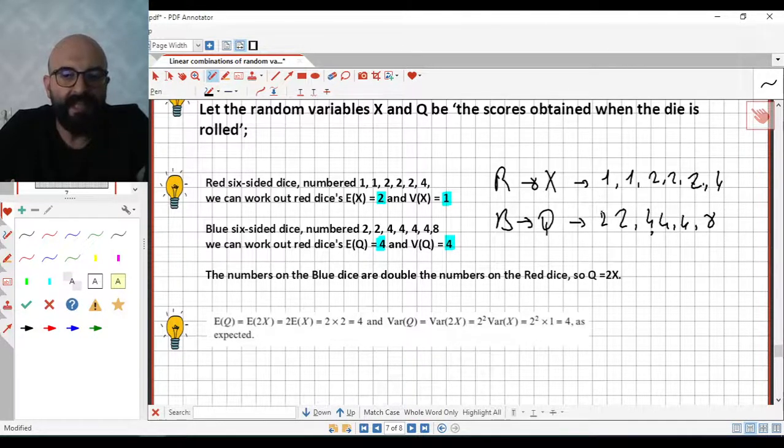If you notice, on the blue one all numbers equal double the red numbers. Okay, it means q equals 2x.